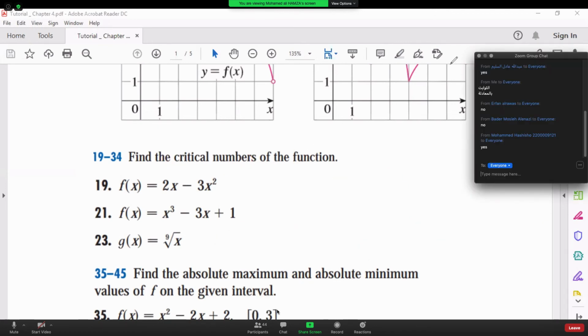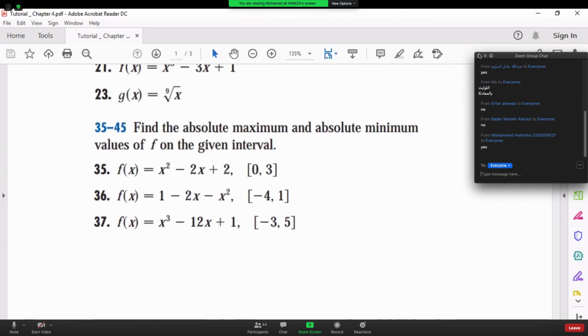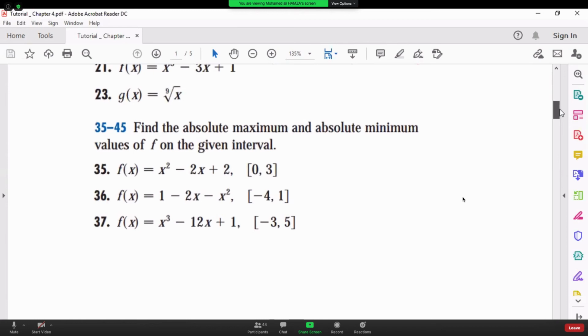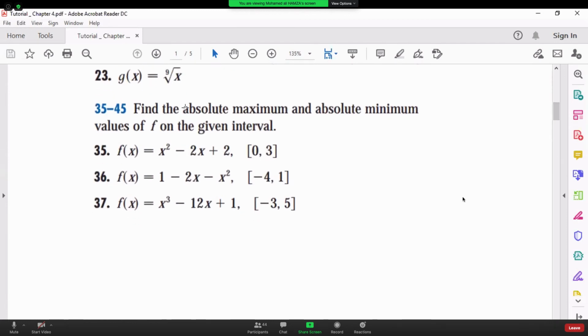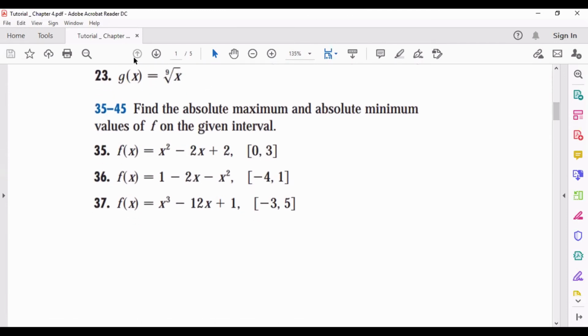Here this application is like the example done in the slides. Here he wants the absolute maximum. What do we know? We have 3 steps in order to complete. First, critical numbers. Let's take any example, guys. First we take the critical numbers. In this case, the derivative is defined everywhere.